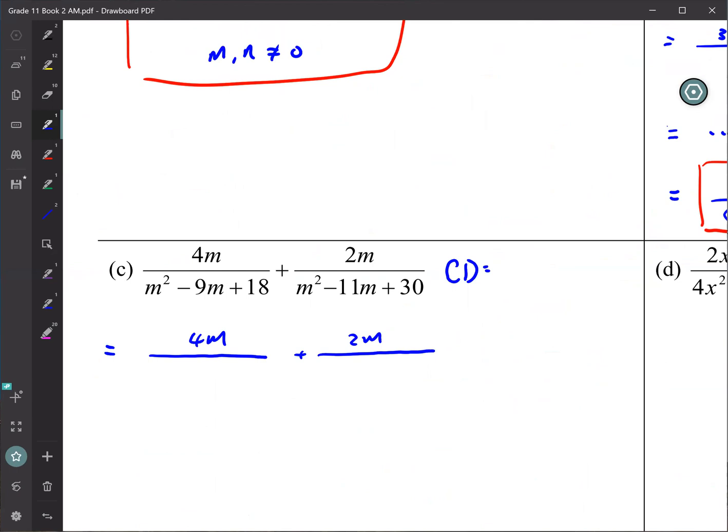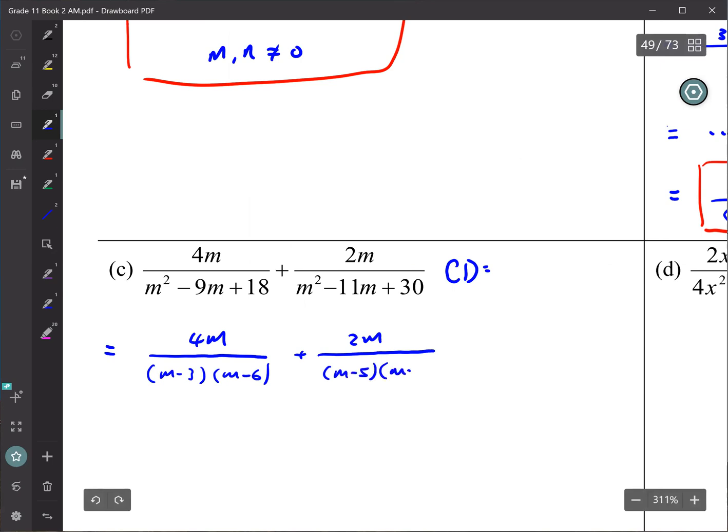Yeah. What is it? m take away 3 and then m take away 6. Okay. Second one. I'm doing that one now. Okay. It's m take away 5 and then m take away 6.